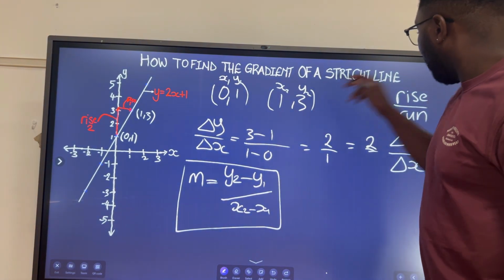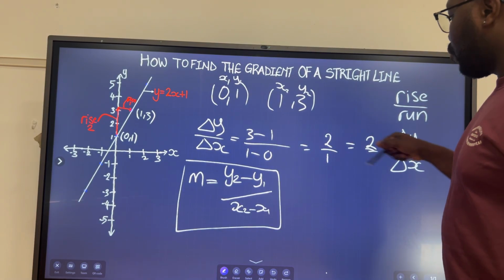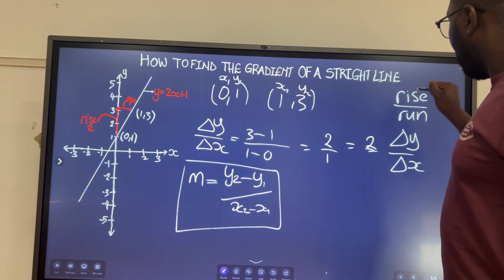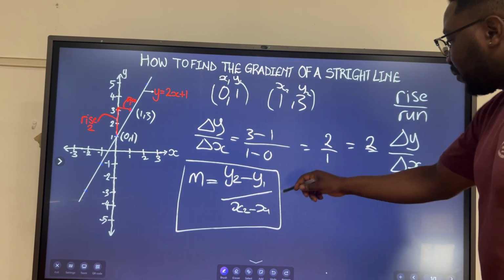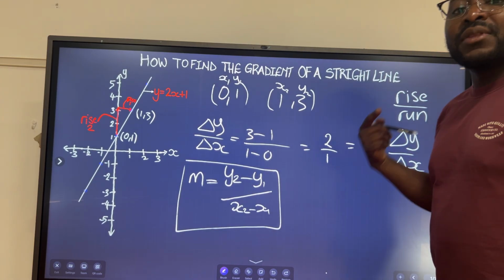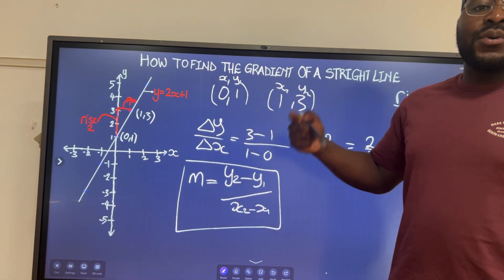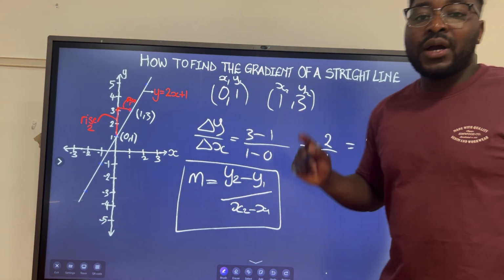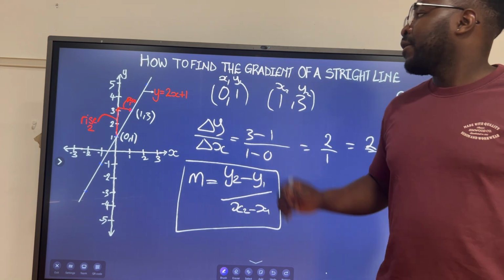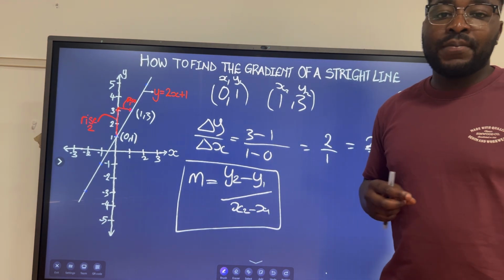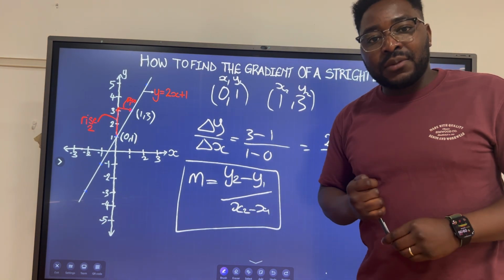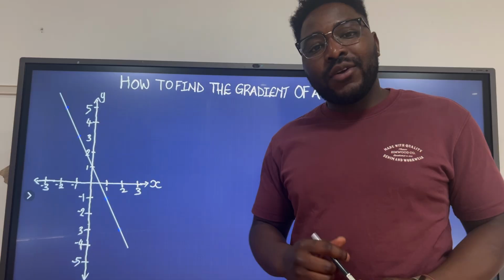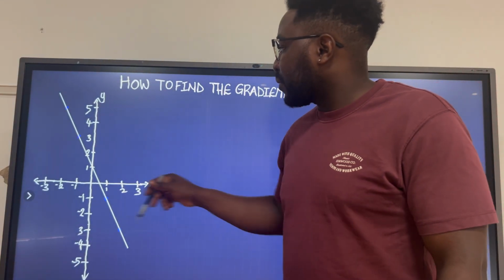And if we go through what we've just done, you'll find that all these formulas mean the same thing. The purpose of these formulas is to find the gradient of a straight line. Okay, so let's look at another example, so we can get a better understanding. Let's take a look at our other example over here.